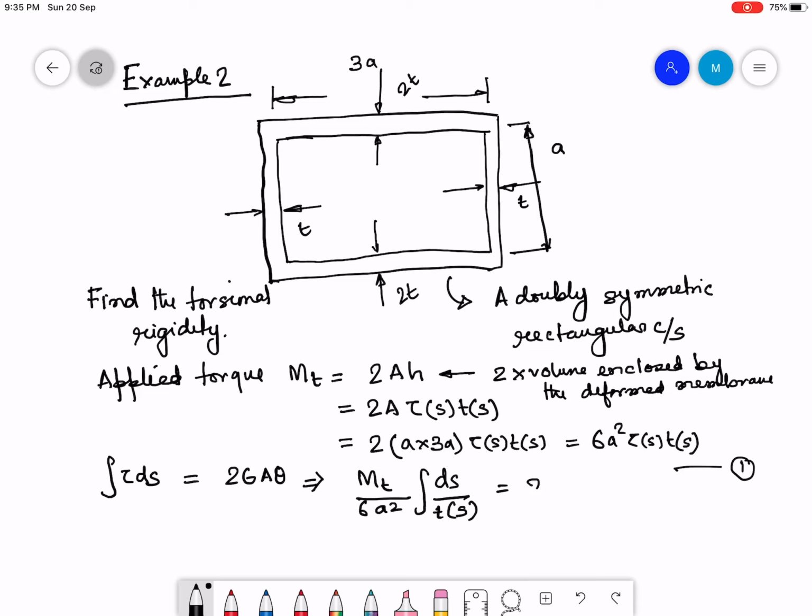And then A is going to be the area, so that is 3a square into theta.